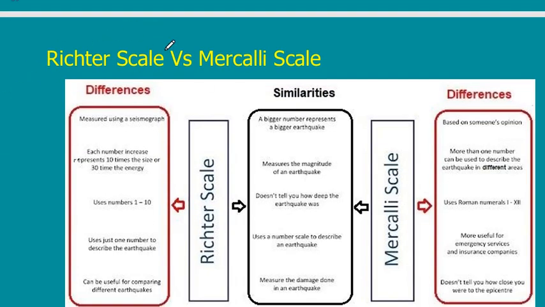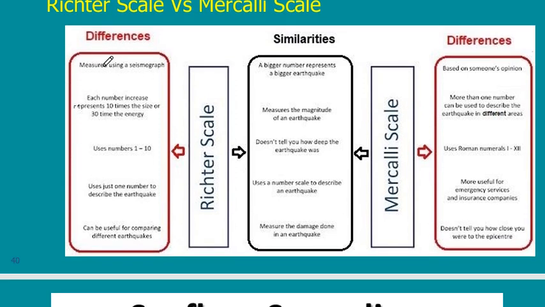We said that we have 2 ways to measure an earthquake: the Richter scale or the Mercalli scale. There is a difference between the Richter and the Mercalli scale. I won't repeat it again, but the main difference is that the Richter scale is the same everywhere.